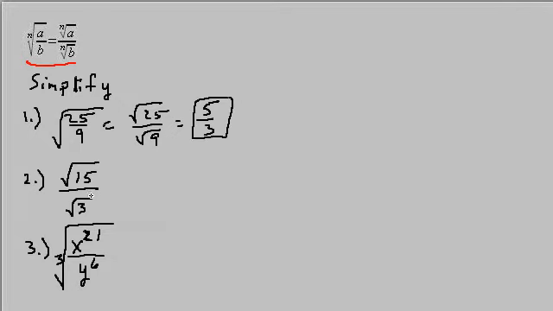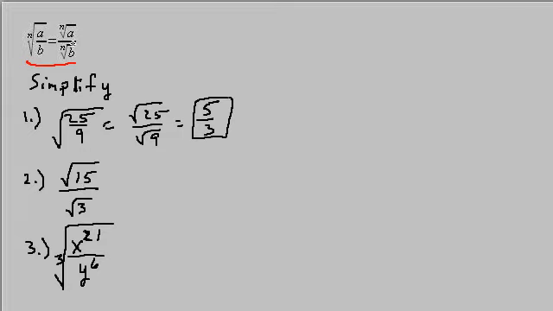Okay, what about this one? This one's already split up, but square root of 15 is not a perfect square root, and it doesn't have a factor that's a perfect square root, and neither does 3. Well, in the first problem, I went from this to this. Well, in problem number 2, I have the right hand side over here, and I notice that 3 will divide into 15 evenly.